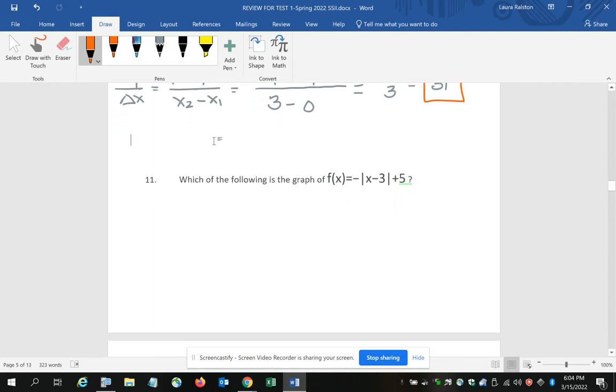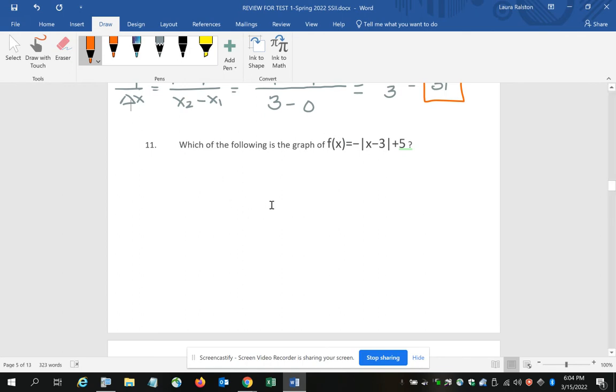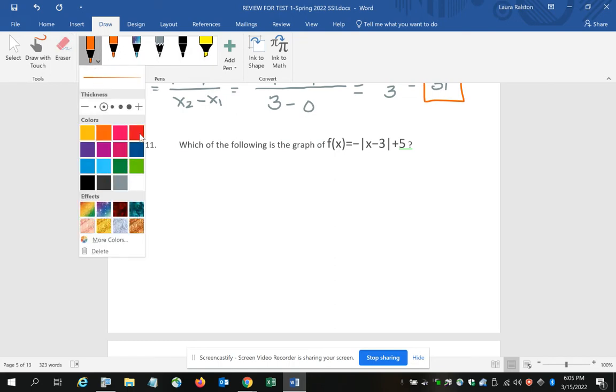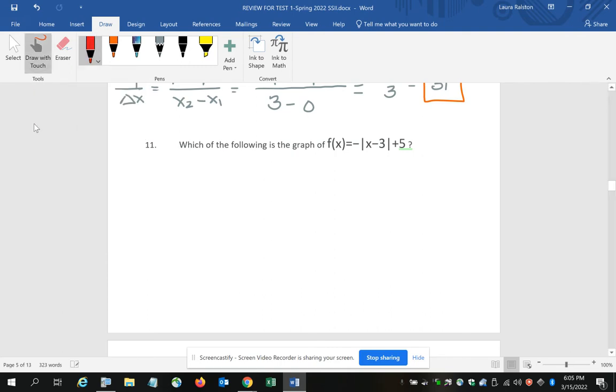Now, question 11 is a multiple choice question. I'm going to go over into GoView in just a minute. But for me, I would probably try to see what this graph looks like to begin with, either by creating the graph on my calculator or thinking about it. I notice that I have the absolute value bars, and hopefully I know that a basic absolute value is a V shape, and it's typically centered at 0, 0.